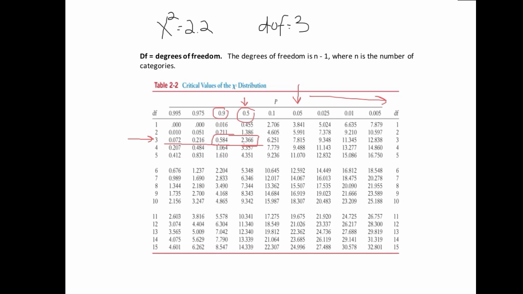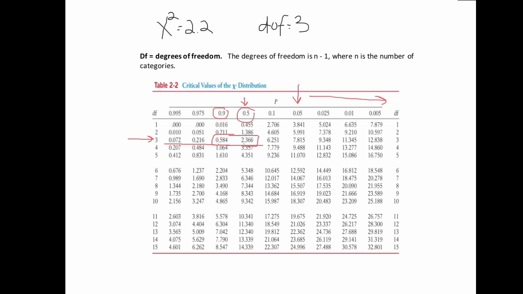So 50% of the time, those differences are probably by chance. And that really is not strong enough to support the alternative hypothesis that there are statistically significant differences we're observing.